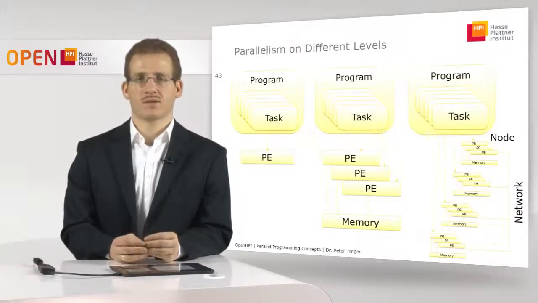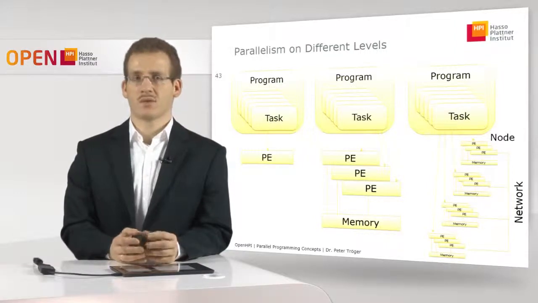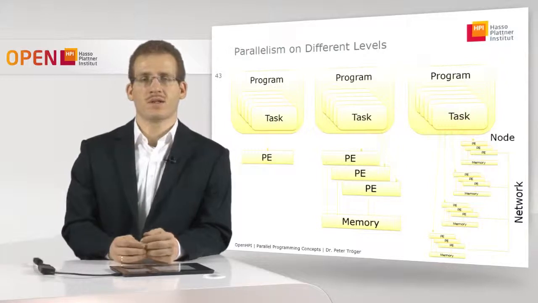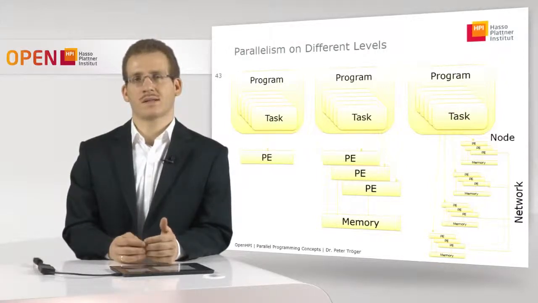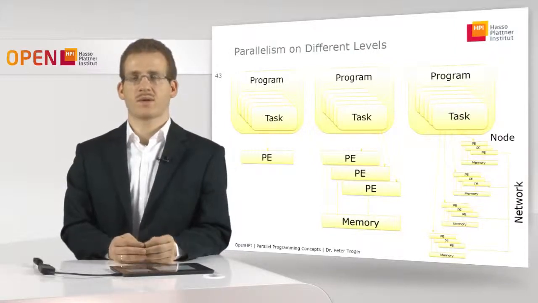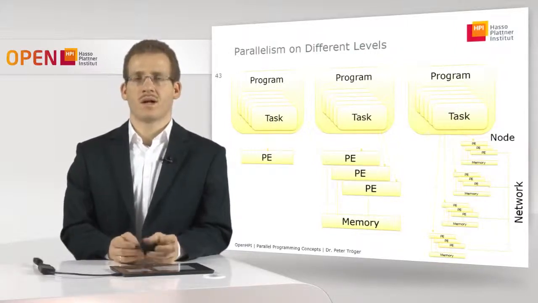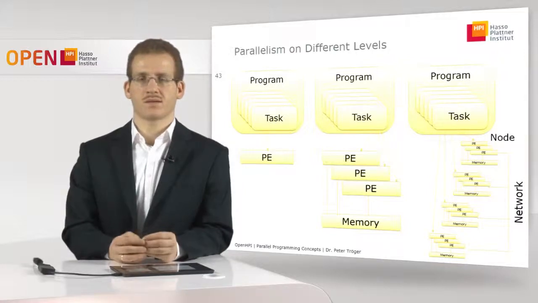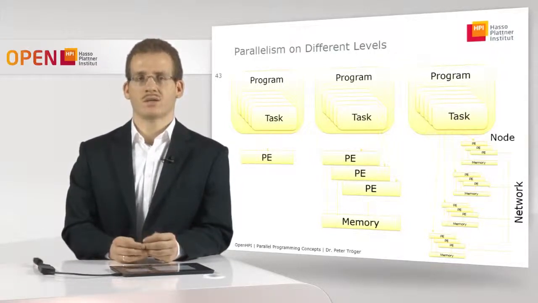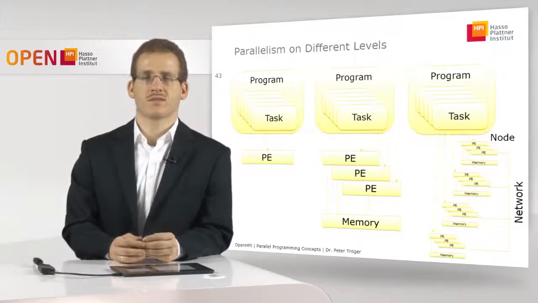So each modern laptop has one processor, and this processor has multiple cores. Each of these cores forms a particular processing element, and all of the cores can access the same main memory. Even if you have an SMP system with symmetric multiprocessing, meaning that you have multiple processor chips inside the system, then all of these chips still can access the same memory, so this still belongs to this class of parallelism.